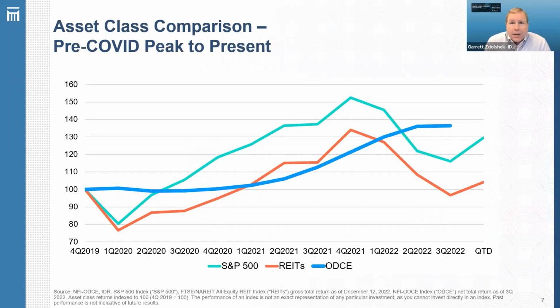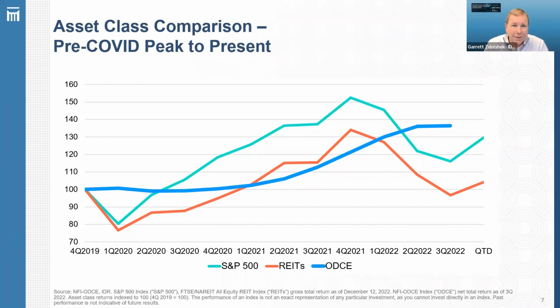I also mentioned looking at things 3 years ago, pre-COVID, to today. This is the first slide I'll show on that. We hear a lot about the denominator effect affecting real estate allocations today, so I wanted to look at the S&P, which is certainly 50% plus equities in many investor portfolios, a huge driver of that.